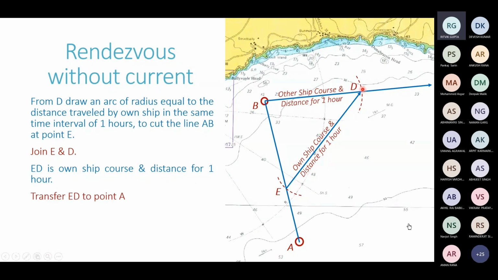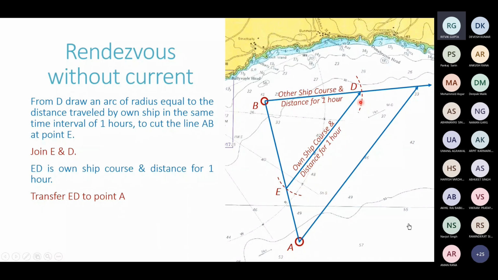Now we have to transfer this Echo Delta to point A. So we will use our parallel ruler, sliding ruler or set square, whatever tool you are using to draw parallel lines. Align it with Echo Delta and transfer it to pass from point A. So let's draw a line parallel to Echo Delta passing from point A. So you can see this line now.